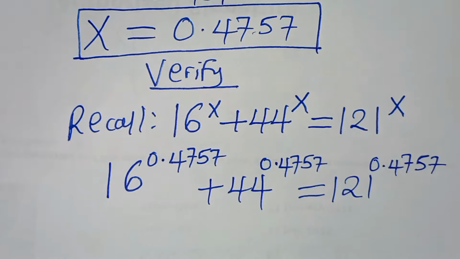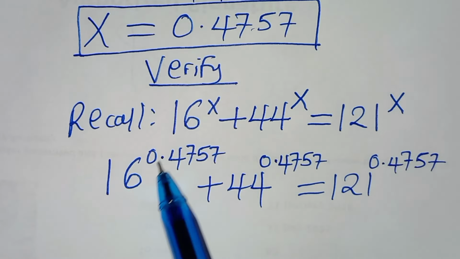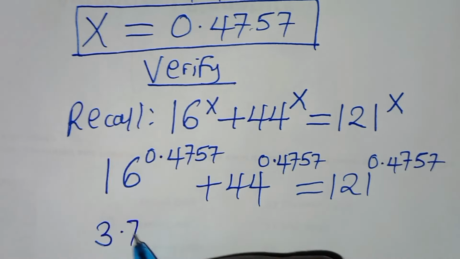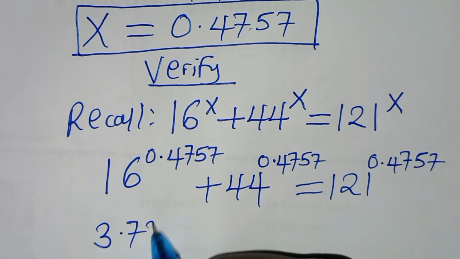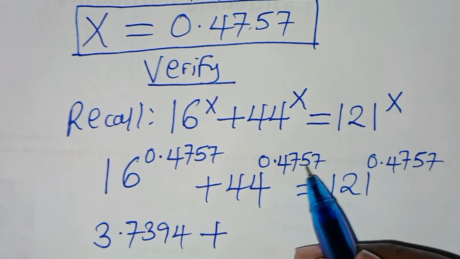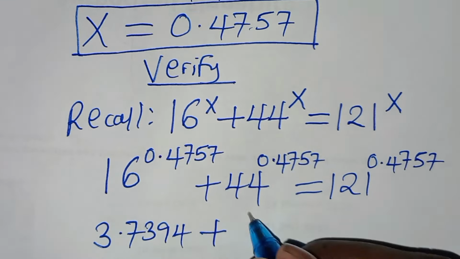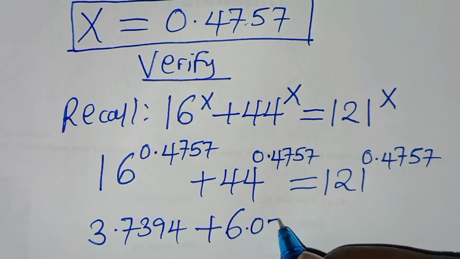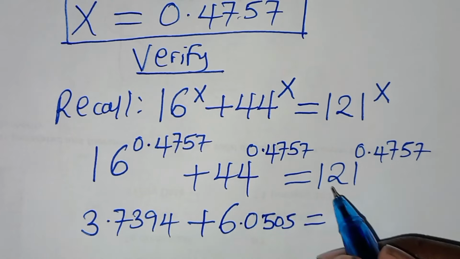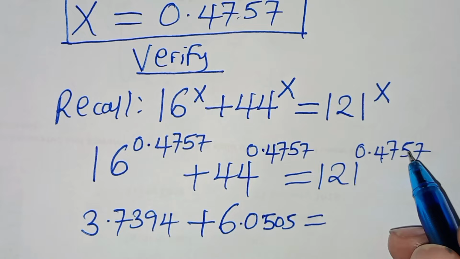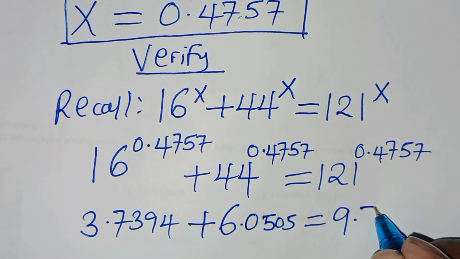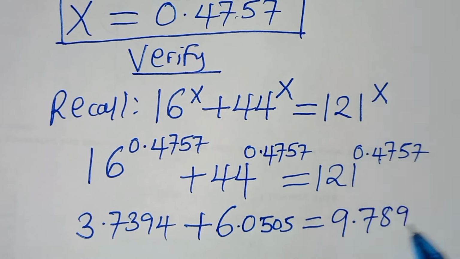And you find that 16 raised to the power 0.4757 is the same thing as 3.7394, then plus 44 raised to the power 0.4757, which is the same thing as 6.0505, and this is equal to 121 raised to the power 0.4757, which is equal to 9.78996.